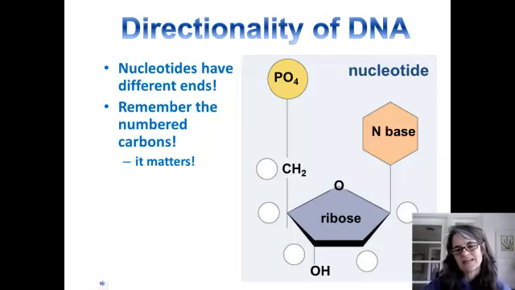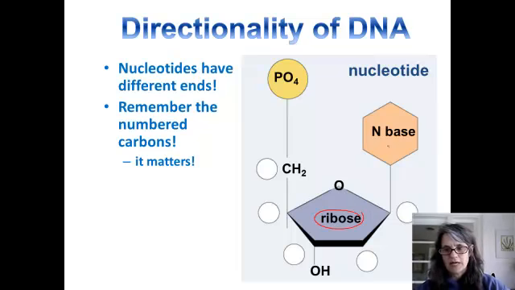One more thing we need to understand and remember about DNA before we can talk about how it copies itself is that the molecule has a direction because each nucleotide has two different ends. Remember how we number this sugar. So here's the sugar, the nitrogenous base, and the phosphate group. The sugar has a carbon at each bend. A carbon is understood to be represented at each bend, plus there is a fifth carbon up here.